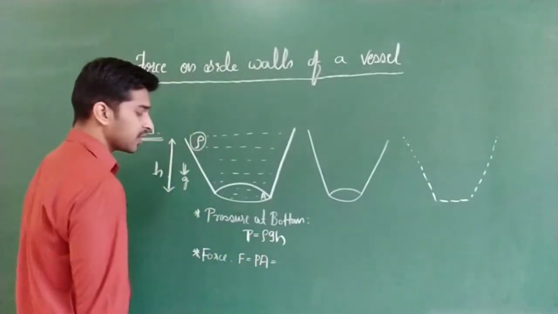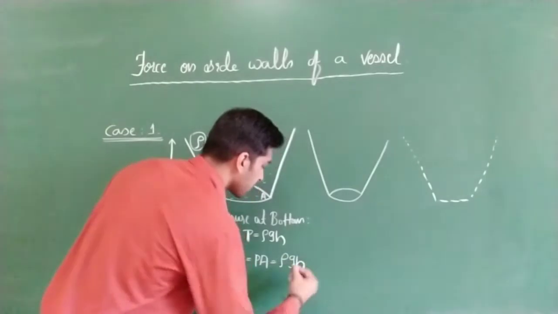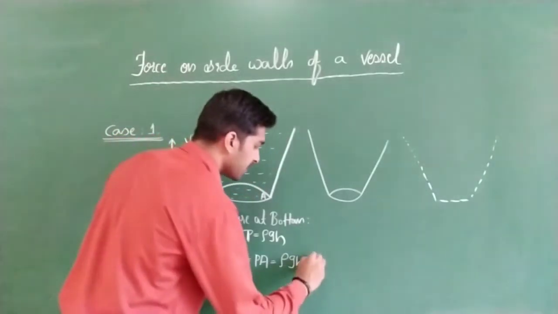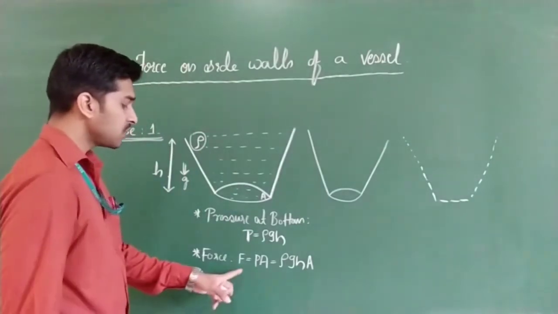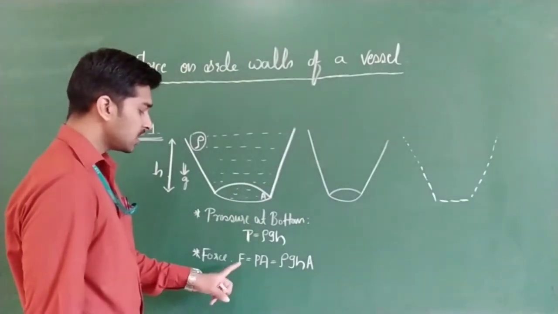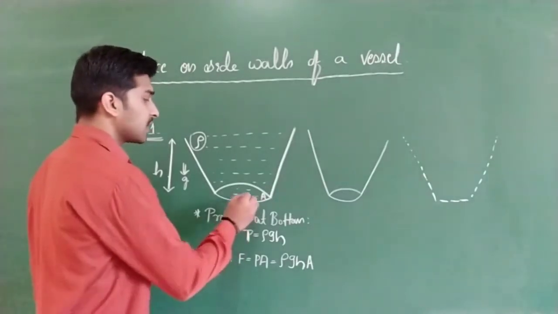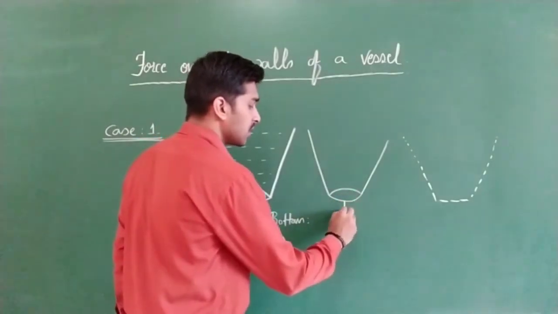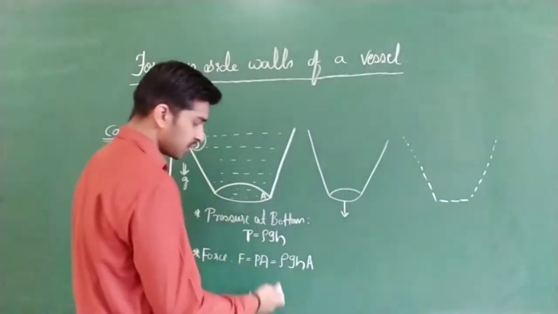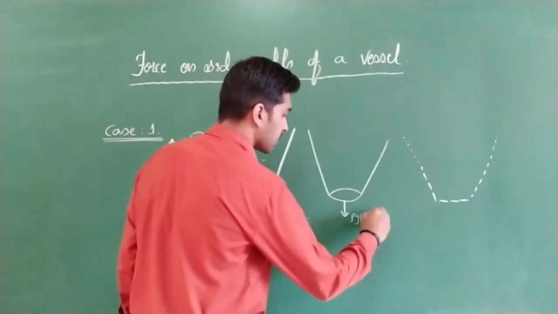P we already know, it is rho g h, and area is the base area, A. So this force F is the force exerted by the fluid on this vessel. That means on this vessel, one force is applied by the liquid. This force is rho g h A.